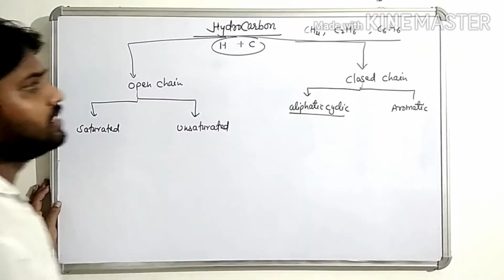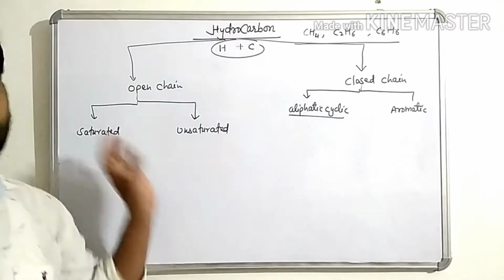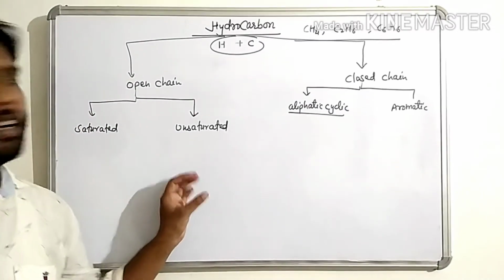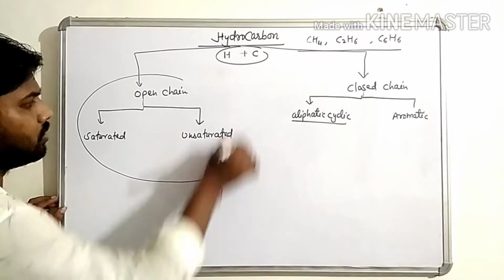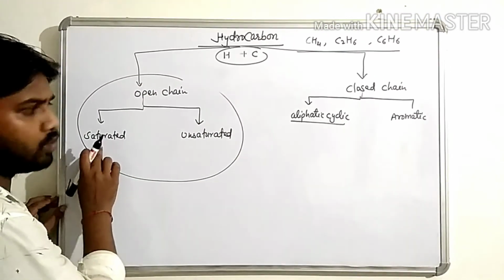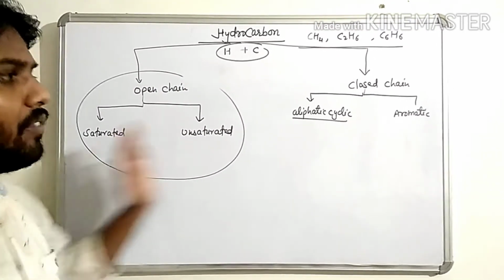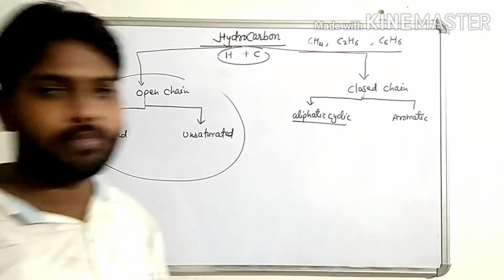Clear children? These are the classification of hydrocarbon. Now we are going to study in detail the open chain, saturated and unsaturated, and after that closed chain.